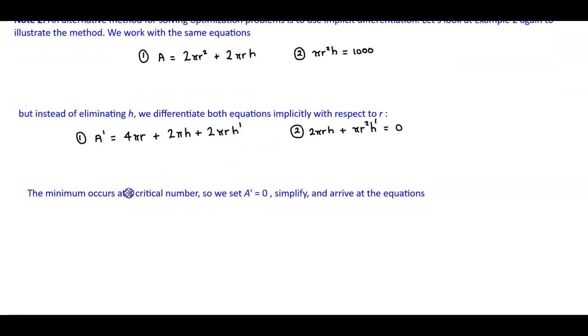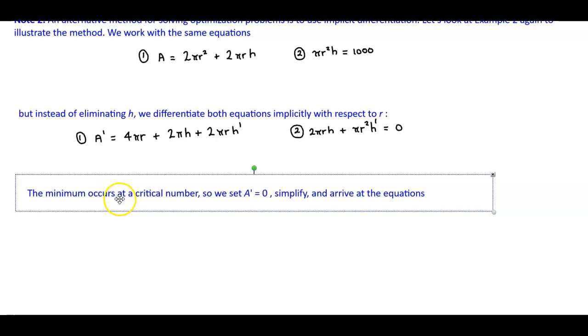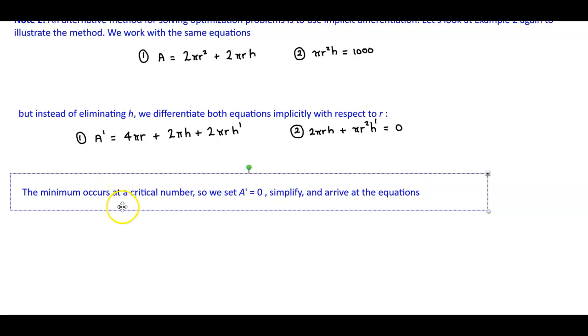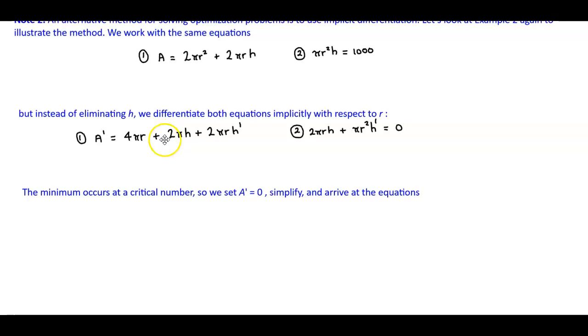Okay, so now we can see that the minimum occurs at a critical number. So we're going to set the derivative equal to 0 and then simplify. Looking at the first equation, we're going to let A prime, which we're going to set equal to 0. So we have 4 pi r plus 2 pi h plus 2 pi r h prime, and we're going to set that equal to 0.